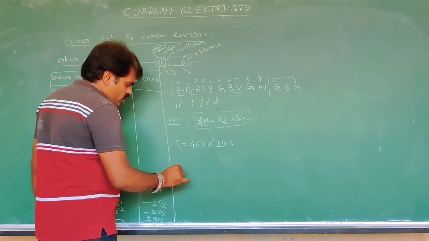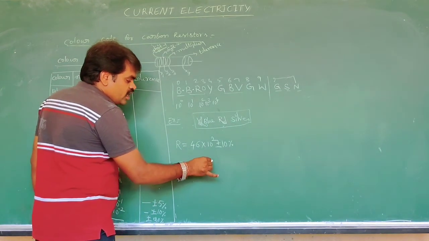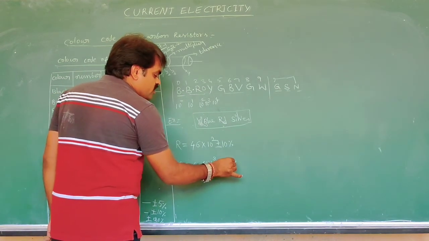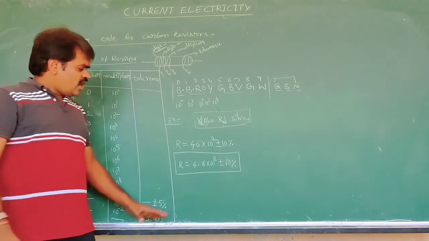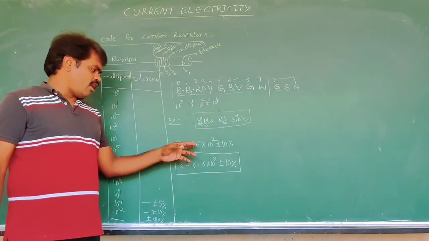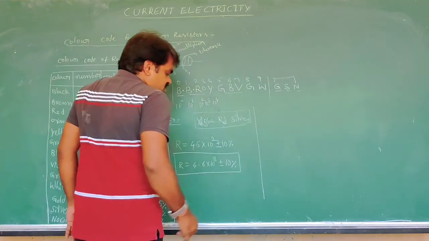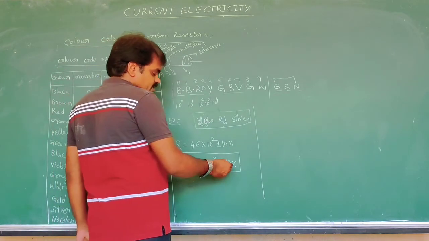This can be written as 4.6 into 10 cubed plus or minus 10%. If the option is there like this, it is correct. But in another way they may give it in the options for an objective point of view, that is the percentage calculation.